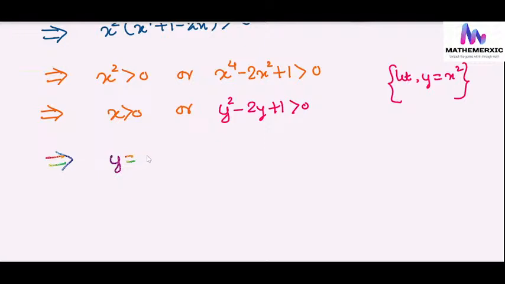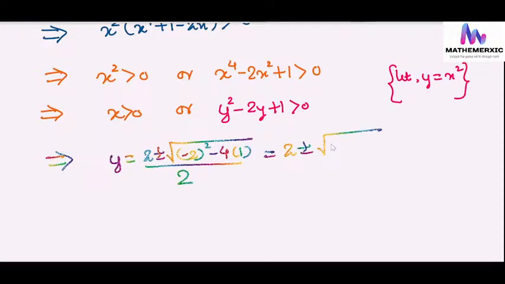So minus b, that is 2, plus minus under root b square minus 4ac upon 2a. So this will lead to 2 plus minus, this is 4 minus 4 upon 2, or this is 2 by 2, or 1 is coming up here.